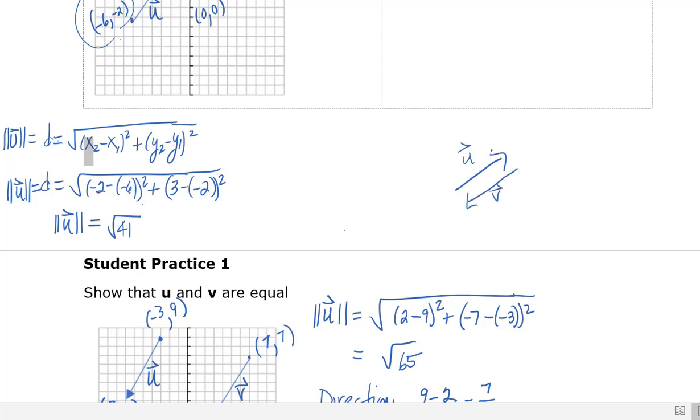The slope of those two vectors is the same, but you can see one is pointing up and to the right and the other is pointing down and to the left. So in order to use the slope to determine if two vectors have the same direction, you have to make sure that those arrows are pointing in the same way. Which is why later on we're going to spend more time talking about vectors in terms of a magnitude and an angle.